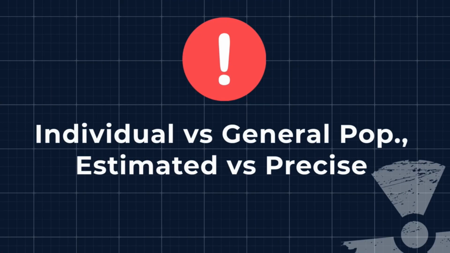The NCRP report number 184 therefore cautions that effective dose should not be used to determine precise individual risk. It is better suited to comparing exposure and guiding radiation protection decisions across procedures or populations. That distinction between individuals versus general population and estimated versus precise is huge.